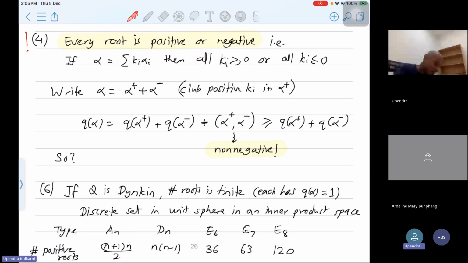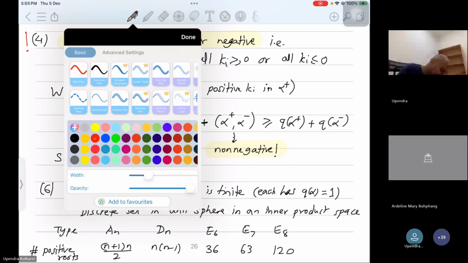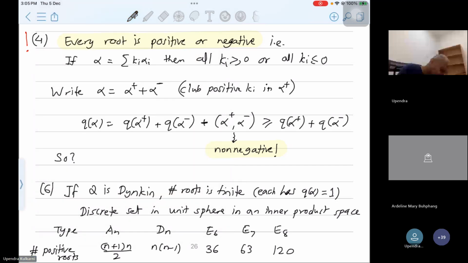What does it say? It says that if I write a root in terms of the standard basis, so in Z^n the vector is just k1, k2, up to kn. That's what I have written over here.